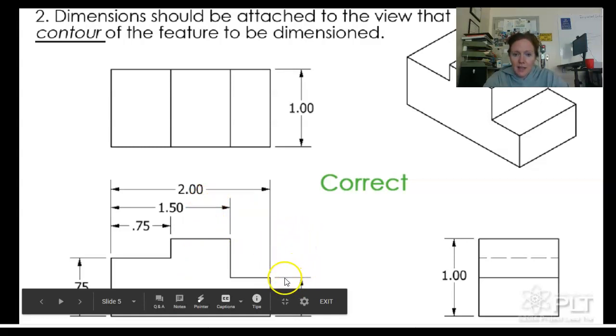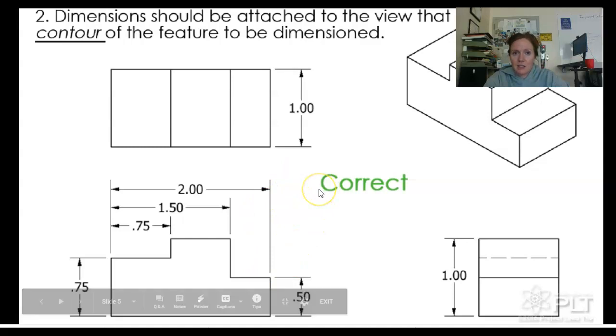The reason that I included that here is because these two contours are not shown very well in these two drawings, these two views, excuse me. So the view of this contour and this contour are best shown in the front view.